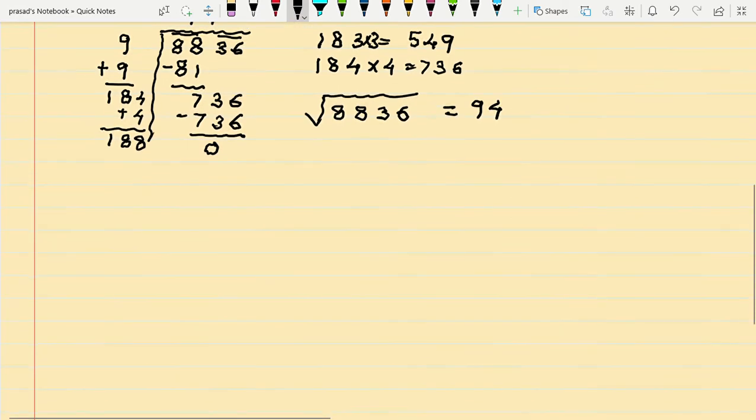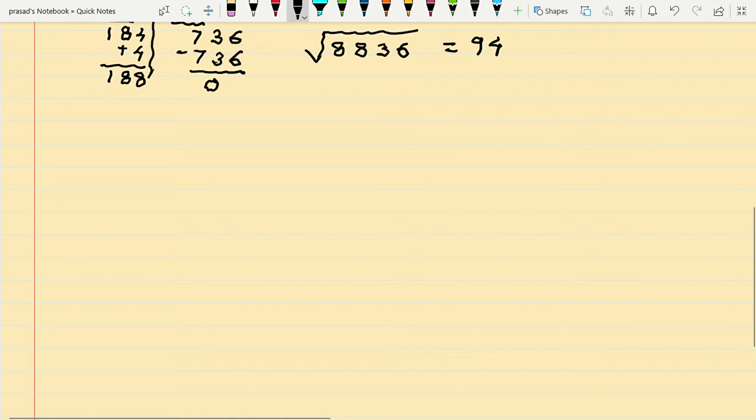Let us take now a problem in which we will find out the square root of a decimal fraction which is in the perfect form. So consider this: square root of 72.25.